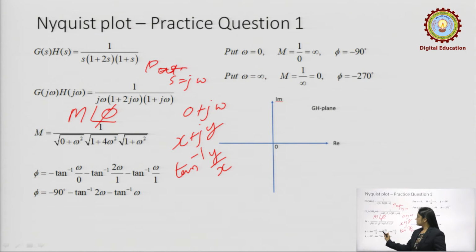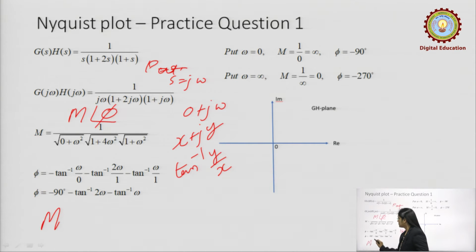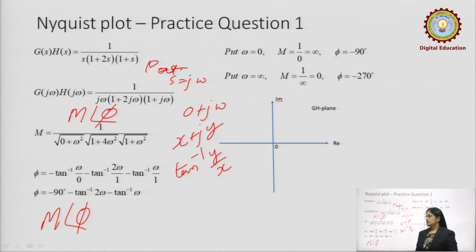Then, again writing in the denominator, minus tan inverse 2 omega upon 1, minus tan inverse omega upon 1. So, this is the magnitude and this is the phase angle of the given transfer function.